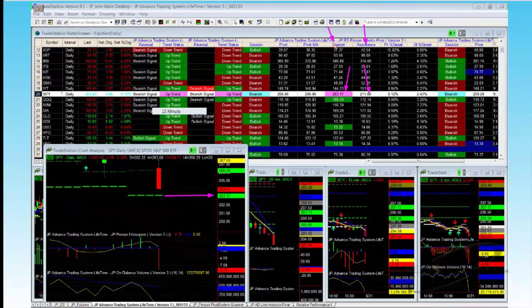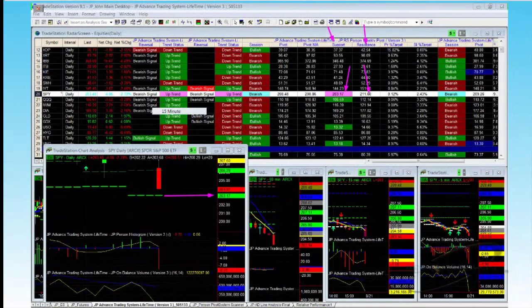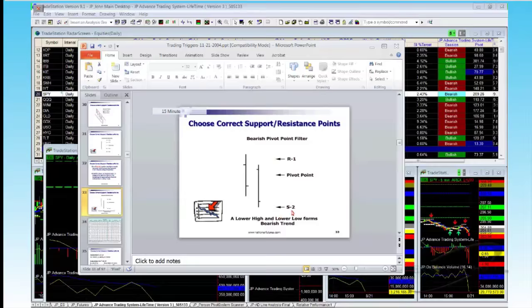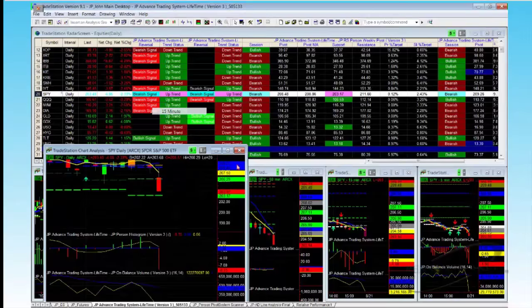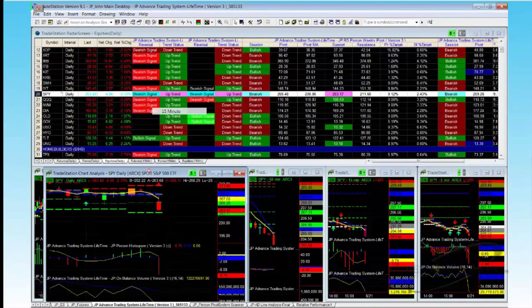I repeat, bearish market outlook, R1, S2. That's the red line, that's the green line, pivot points blue. And it matches up perfectly. So the system works. All it is, you have in front of you what the market condition is slated for the week in advance.